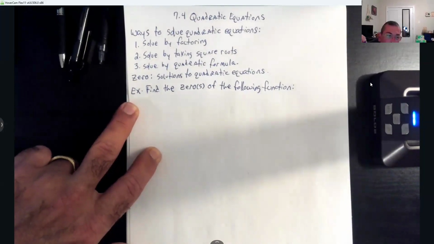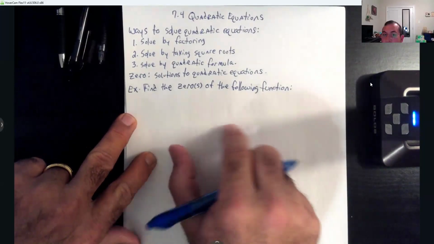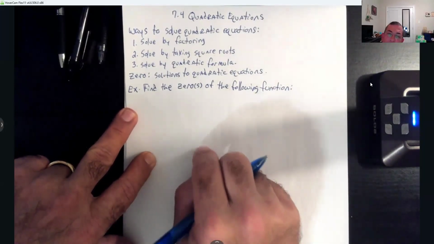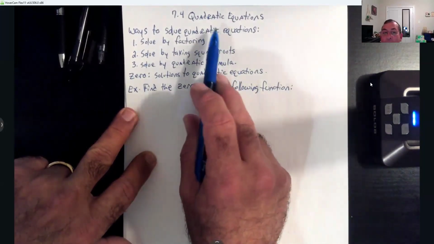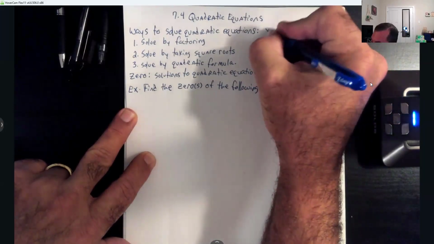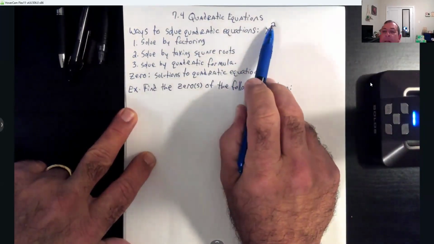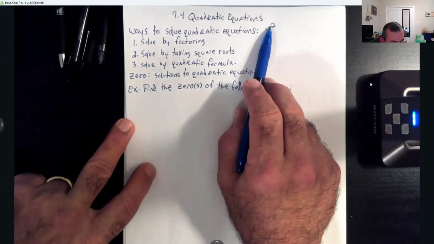Now I'll tell y'all a little trick on these. The highest exponent of your equation will tell you how many zeros you got. Since we're messing with quadratic equations, which are x squared equations, that means we have two solutions to these, okay?